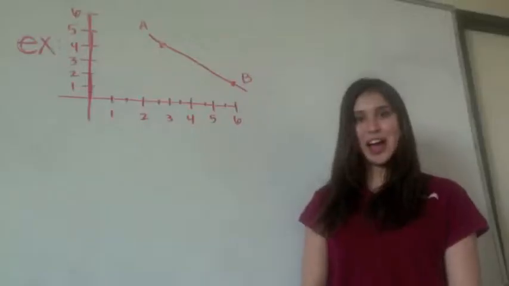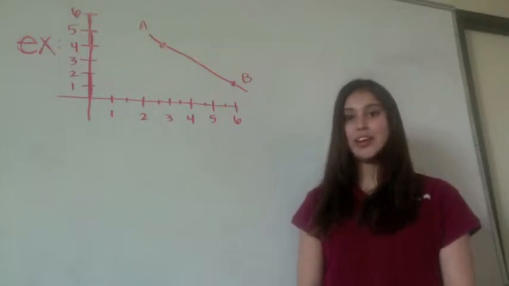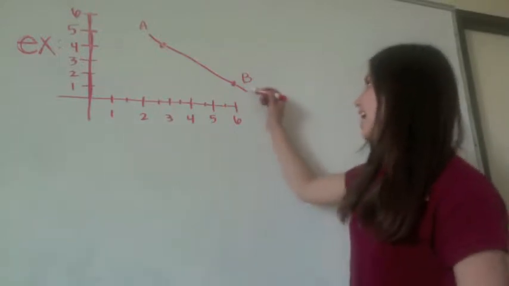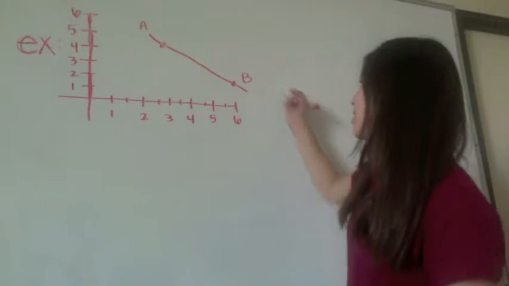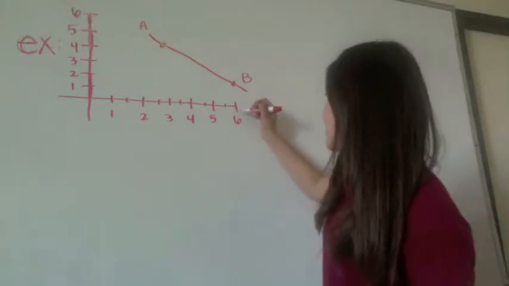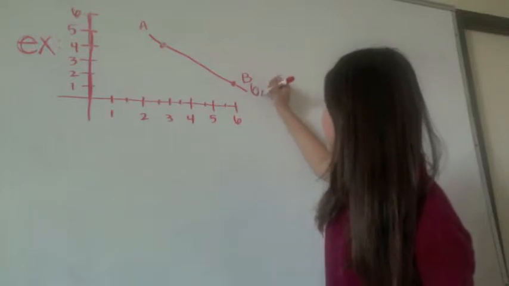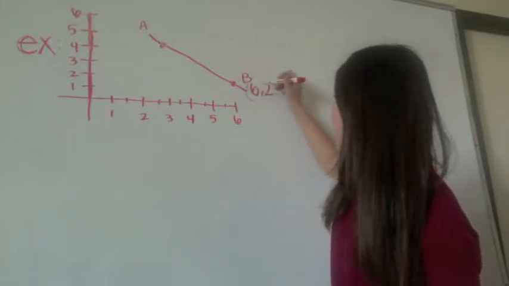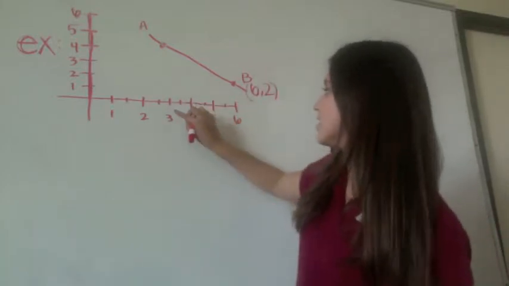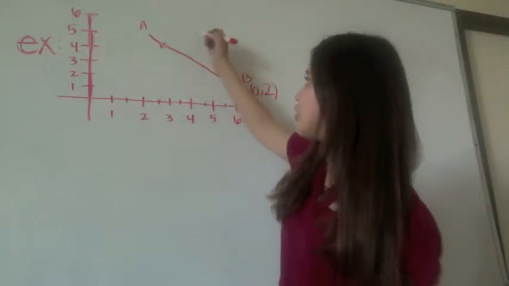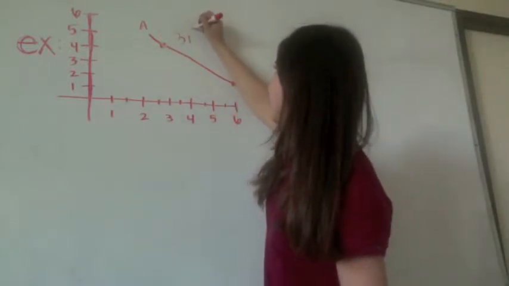In this example, how do we find the midpoint? First, we find out points A and B. B, as we can see, is 6, 2. And A is 3, 5.